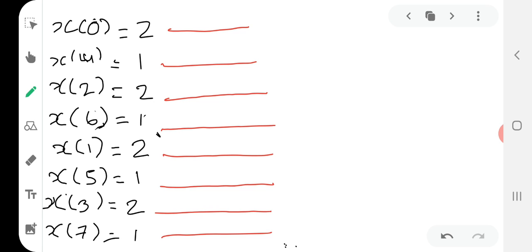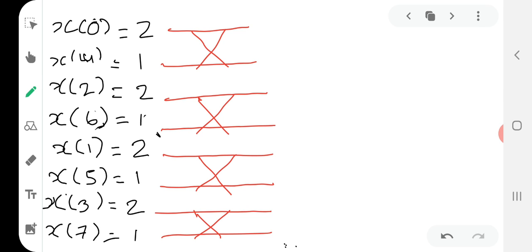Okay, then the first step we have to do is the cross mark between the two signals. This is the first cross mark, and here again second cross mark, and then third cross mark, and then last cross mark. Okay, like that we have to do.